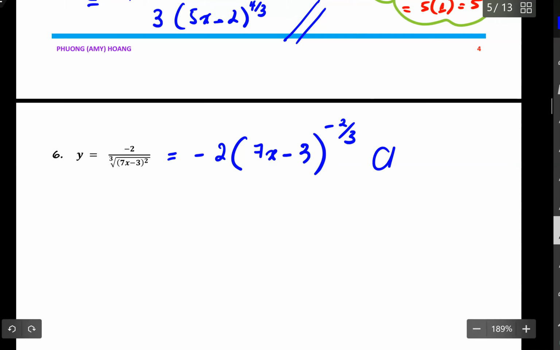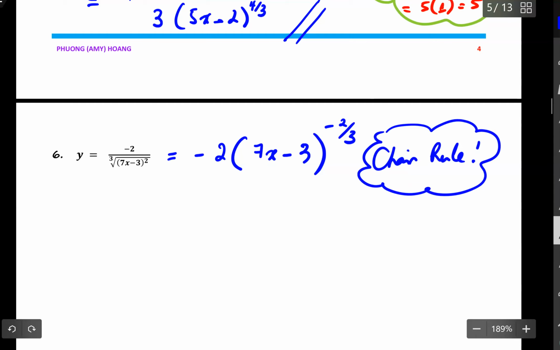That's why I asked everyone in the previous lesson to work on the conversion between the radical and the exponent, because without doing this step correctly, all the process that we try to do here or we try to differentiate would be wrong because we have the wrong exponent.